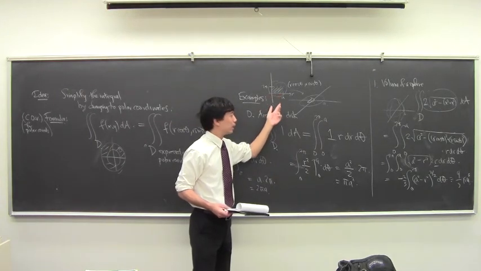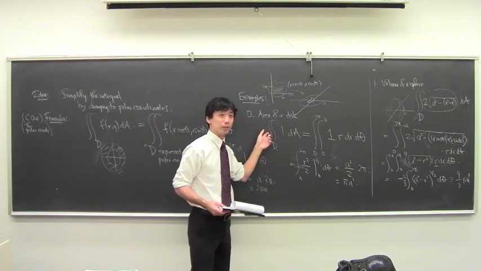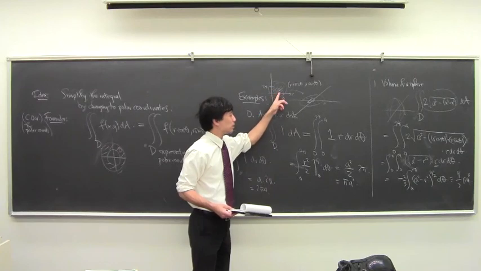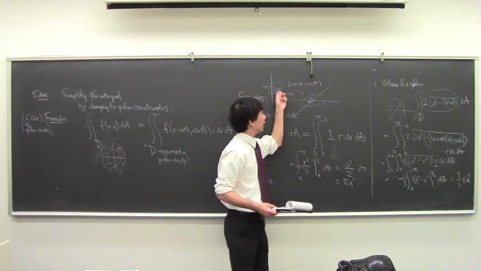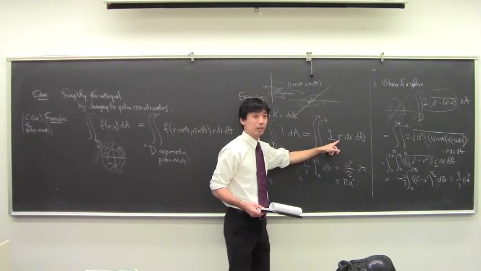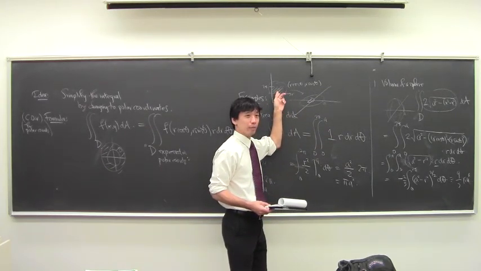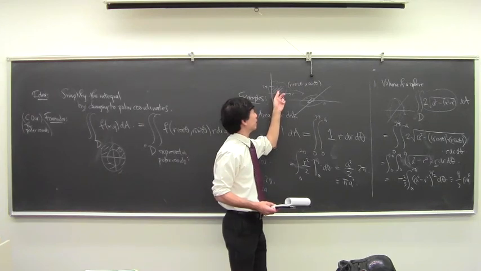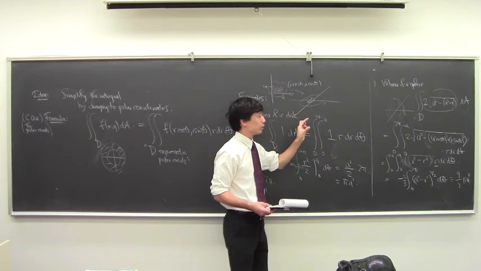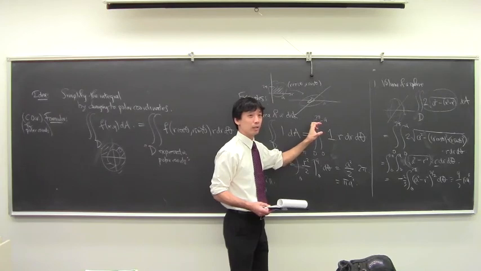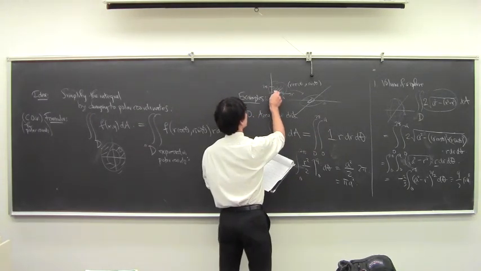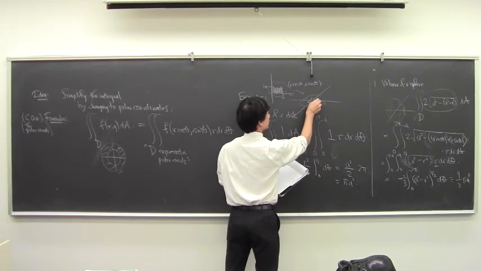So that r somehow is a correction factor to adjust the integral at every point. It has to say, I'm actually not integrating over a rectangle. I'm actually integrating over some sort of polar sector. The blocks that we're integrating over here actually correspond to these polar sectors over here.